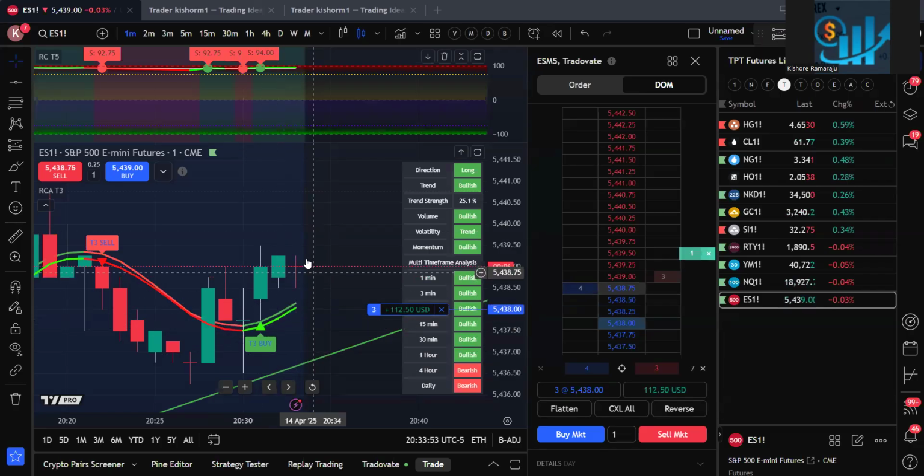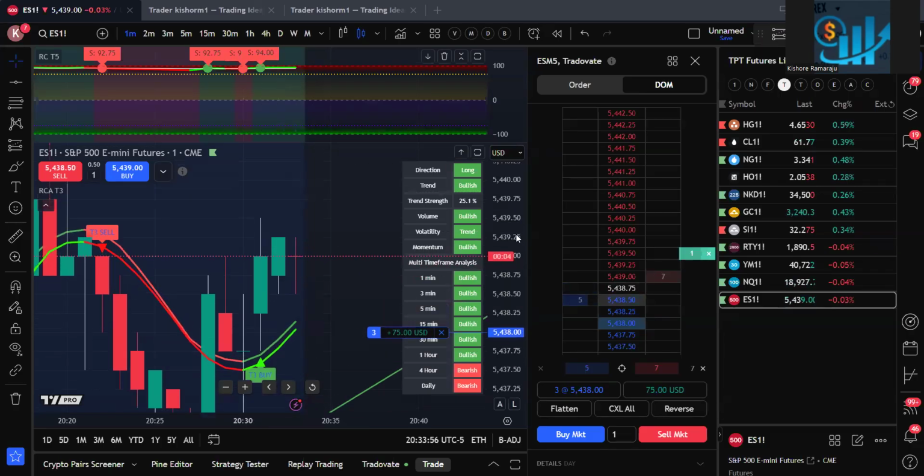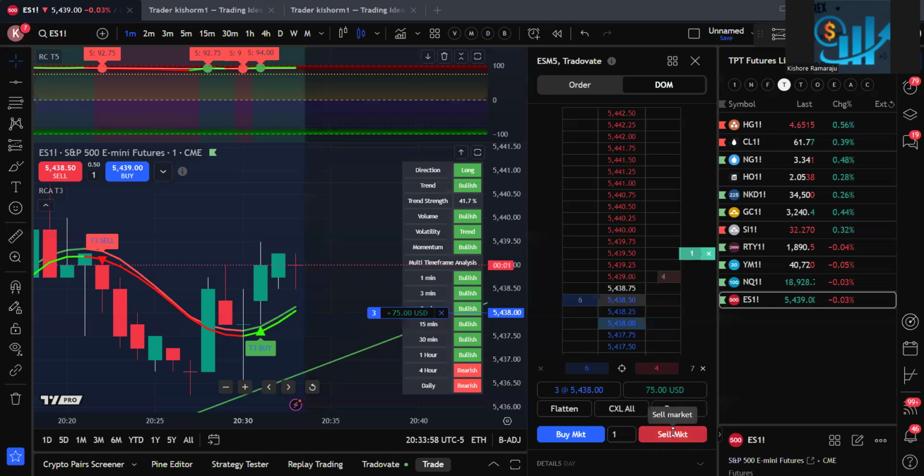Again, the gap increased between the T5 line. If you want, we can even do a sell market.